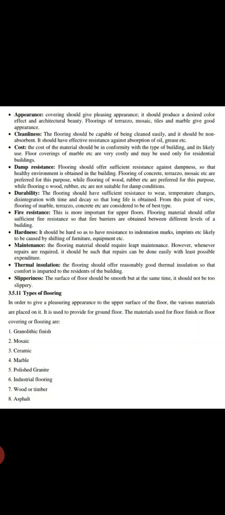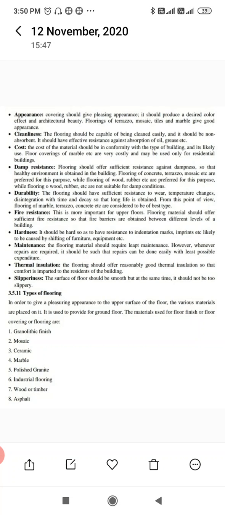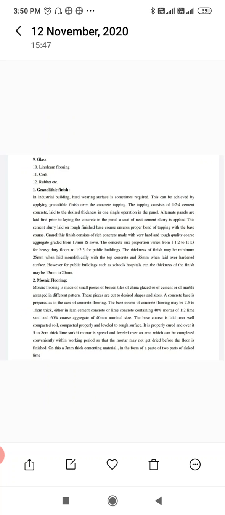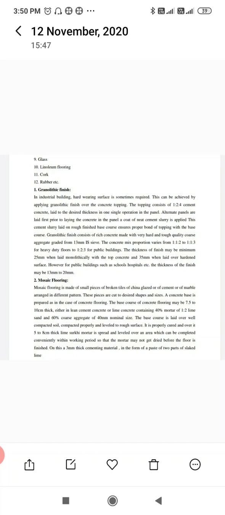The materials used for a floor finish, floor coverings or floorings etc. are the granolithic finish, mosaic, ceramic, marble, polished granite, industrial floorings, wood or timber, asphalt, glass, linoleum flooring, cork, rubber.